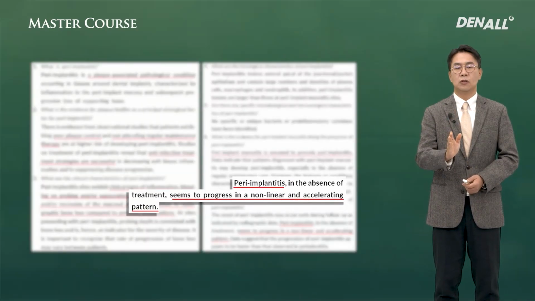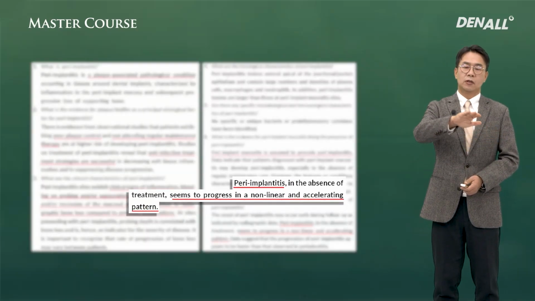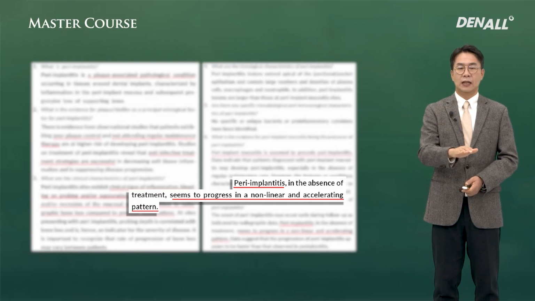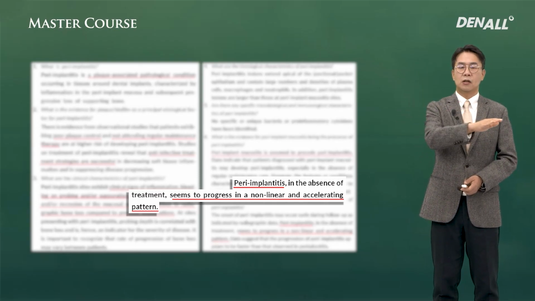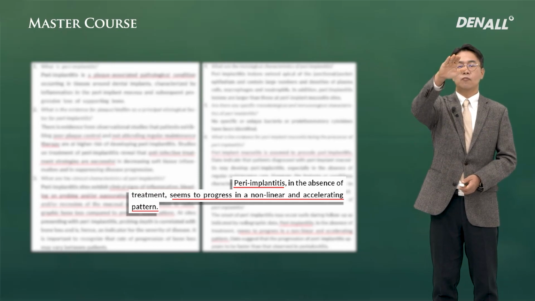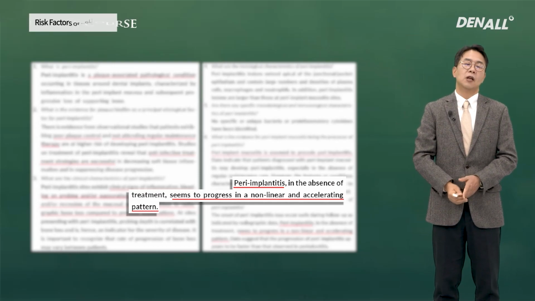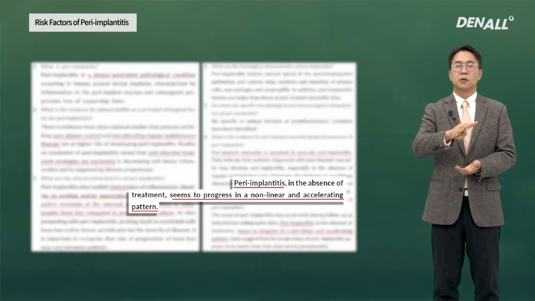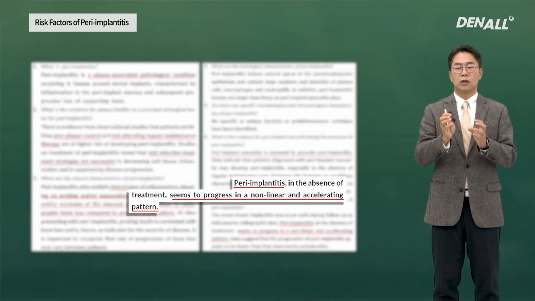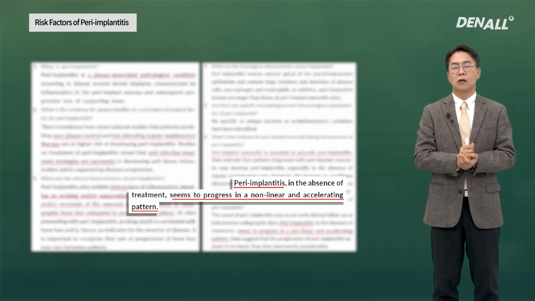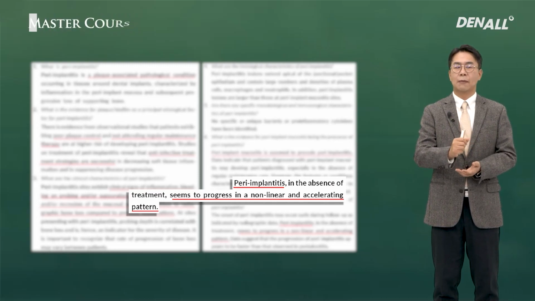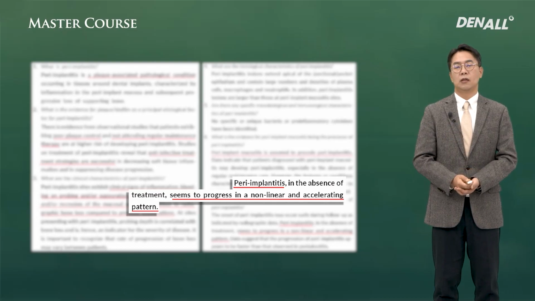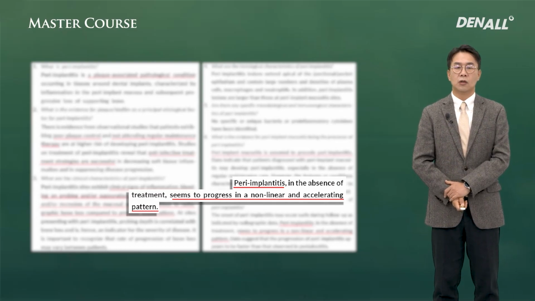Peri-implantitis seems to progress not in a linear way, but in an accelerating pattern. What does that mean? In the same patient or even in the same oral environment and prosthesis, peri-implantitis can accelerate. So if we can prevent the acceleration, we can control it.